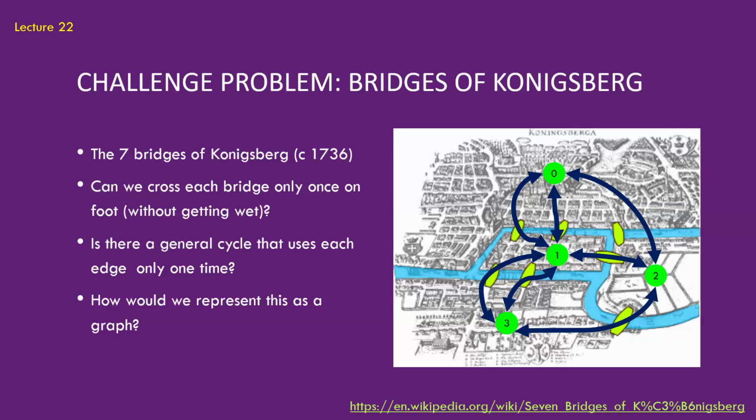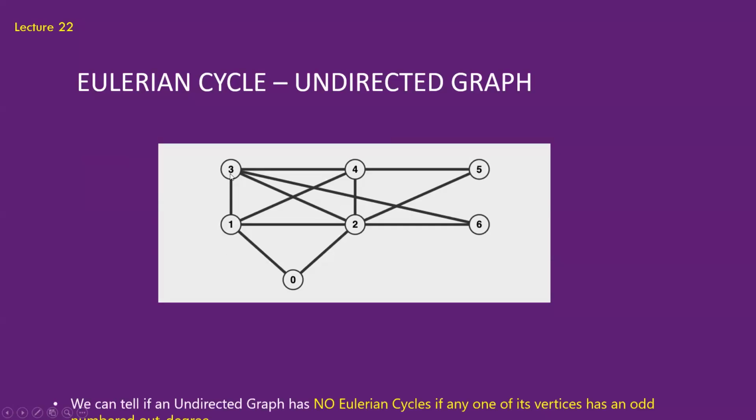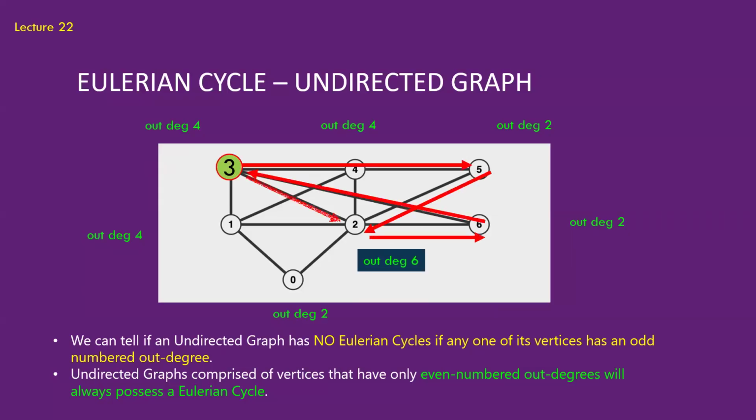That's for an undirected graph. For a directed graph, it's a little more complicated, but let's just review the undirected graph. If we count the degree of this vertex, 1, 2, 3, 4, 5, 6, 2. If all of these are even and it's an undirected graph, then we can say for sure we can find an Eulerian cycle in there.